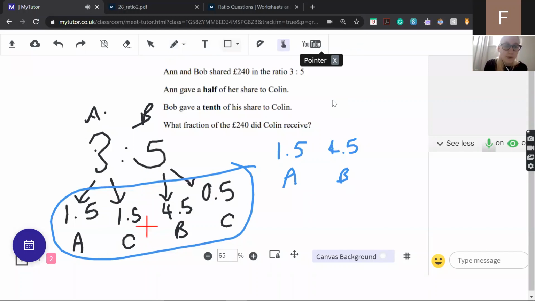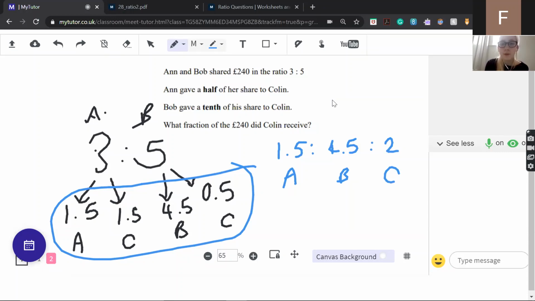And Colin gets 1.5 cupcakes from Anne and 0.5 cupcakes from Bob. So Colin walks away with 2 cupcakes. And then, oh my God, look at this. We've made it into ratios. What? Mental. So what we've done here is we've just fiddled around, taken out the chunks that they would give Colin and made it into this new 3-way ratio.